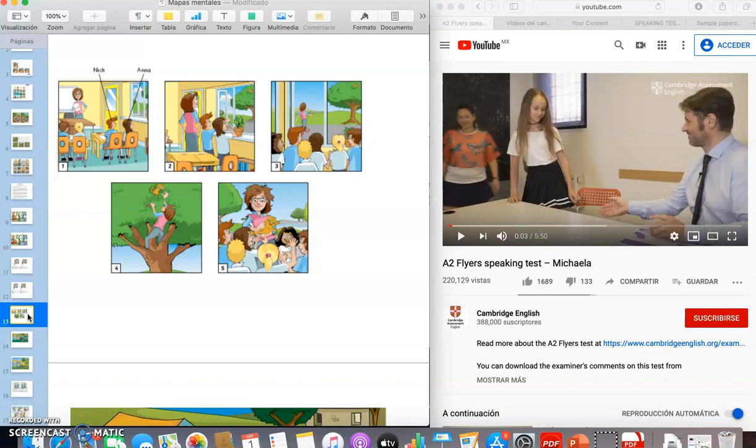Just look at the pictures first. Now look at the first picture. This is Nick and Anna. They're looking out the classroom window. The teacher isn't happy because they're not doing their work. Now you continue telling the story. So the student needs to continue telling the story from the first picture to the second one, third, fourth, and fifth.